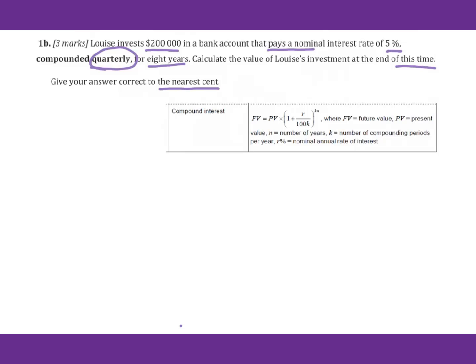When you use this formula, remember no 100. You change this rate into decimal. That's R equals 0.05. Quarterly. That means K equals 4, because we have 4 quarters in a year. Then this N equals 8.